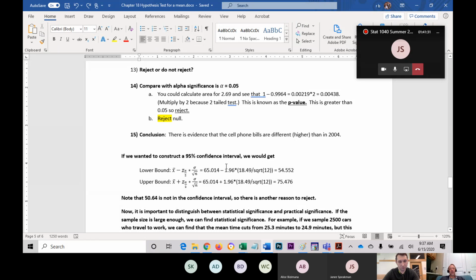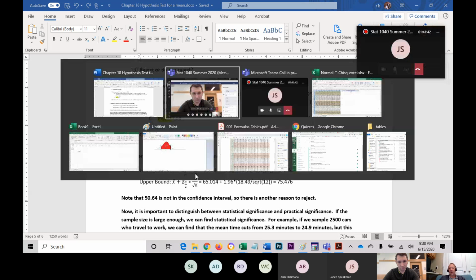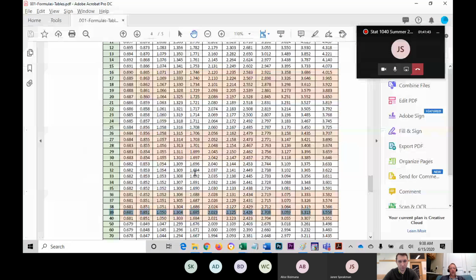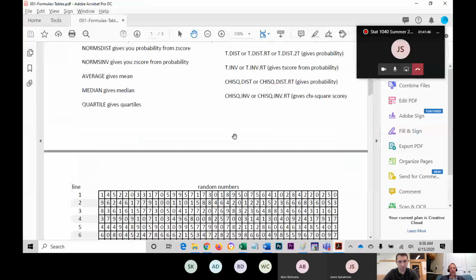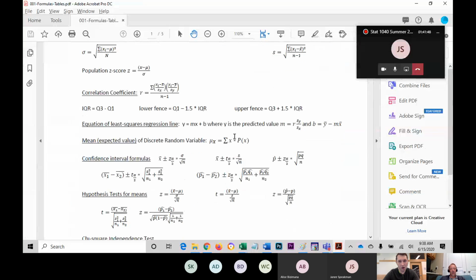Now, one other thing I do want to mention here really quickly, because sometimes I'll do this on the test. Let me just show you it really quickly on your formula sheet. We've got your z-score here, your t-score here, and your other z-score if it's proportional data.